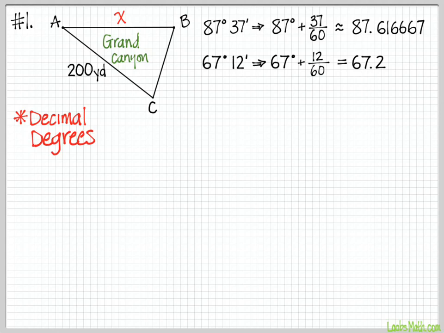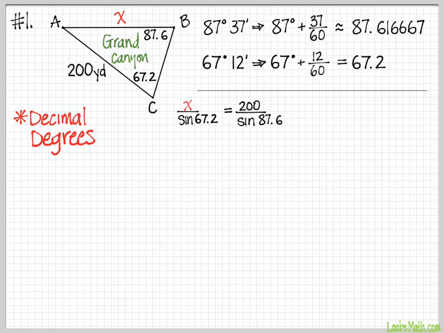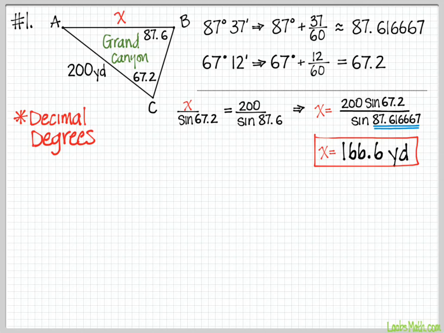And this becomes a problem where we've put in the angles, and we can find the third angle if we want to, but the main thing is we have all our angles in one side, use the law of sines, and we can solve. And don't forget, use a lot of decimal digits whenever you're calculating so you don't have an error, and then round your answer to the nearest tenth. And so my answer is 166.6 yards across the Grand Canyon.